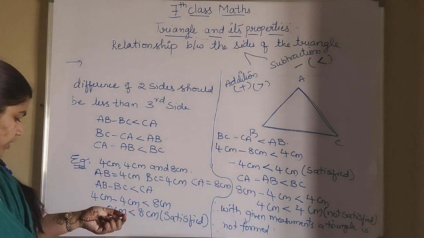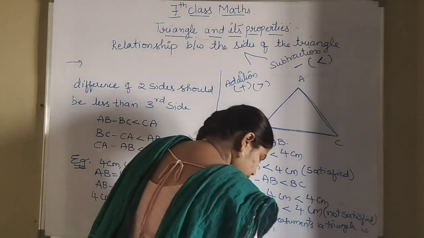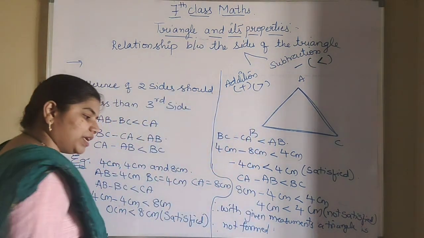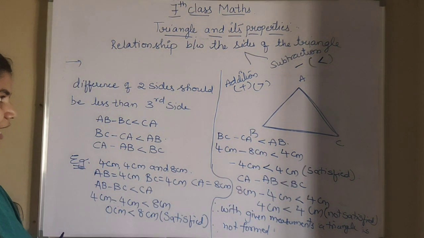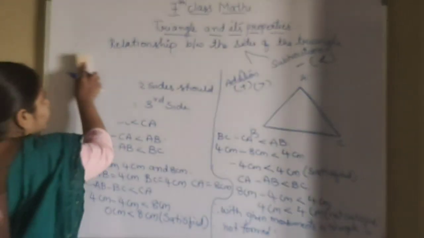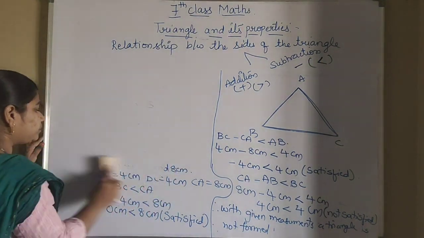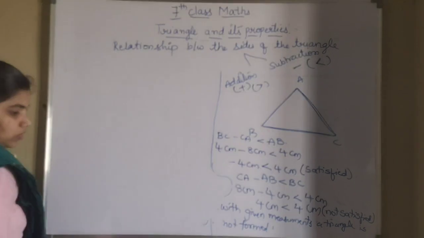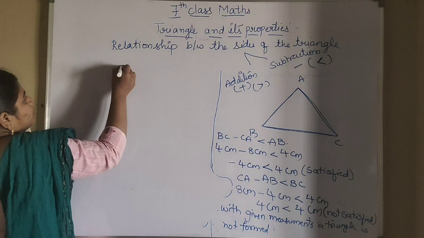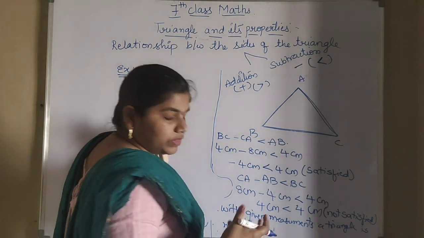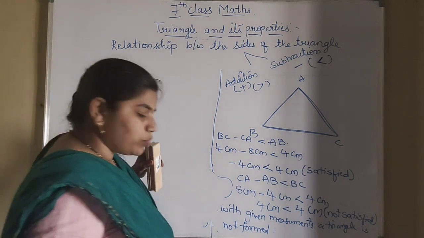Okay, so next, the remaining problems. I think we have completed this Exercise 1. I already explained all of this, so once again you revise it. What are the questions in Exercise 1? In Exercise 1, we have to find whether a triangle is formed or not with the given measurements.